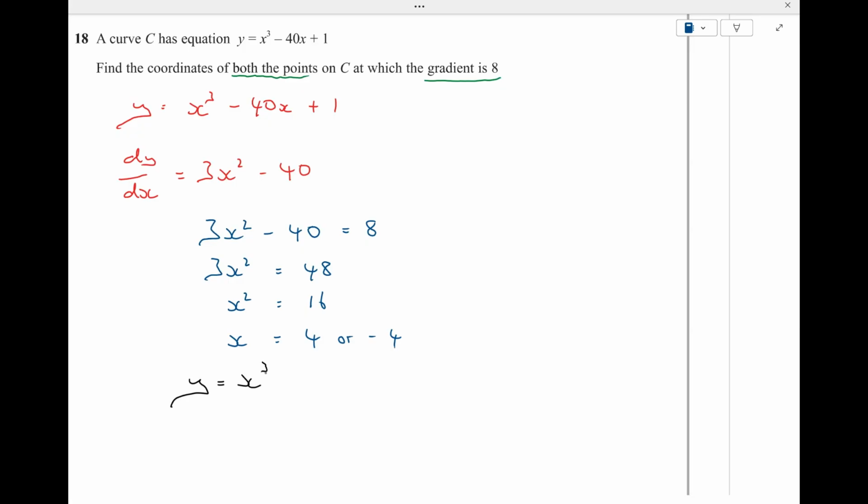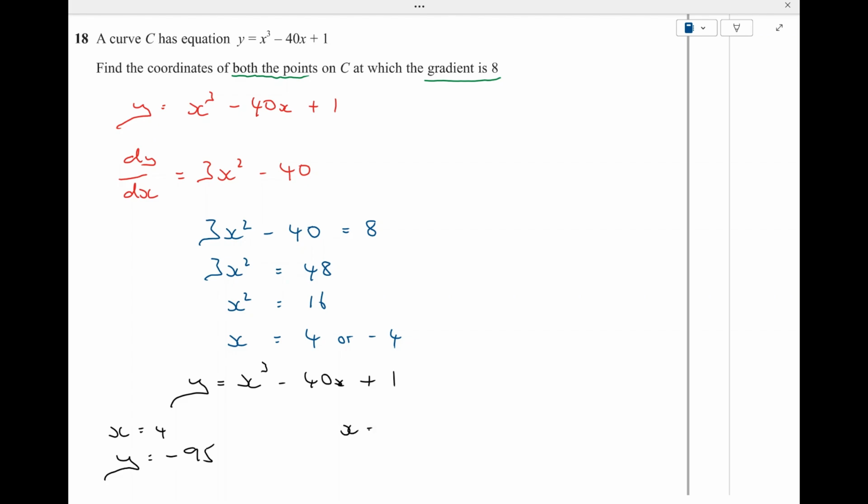So my y-coordinates, I'm going to find those by using the original equation. So if x equals 4, then y will be 4 cubed minus 40 times 4 plus 1. Minus 95.